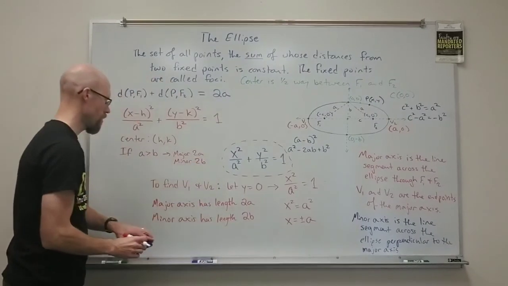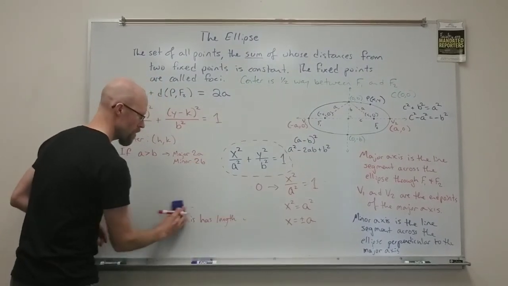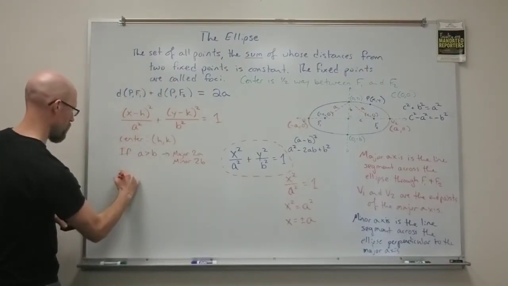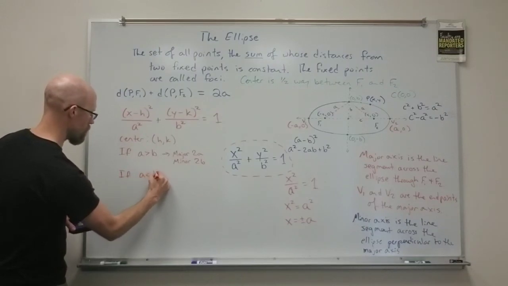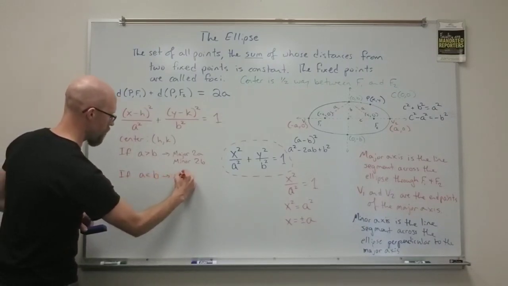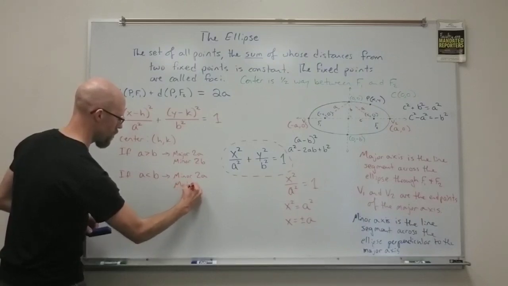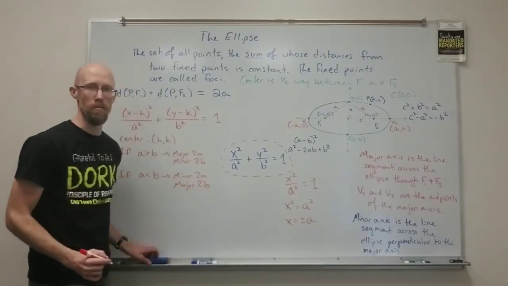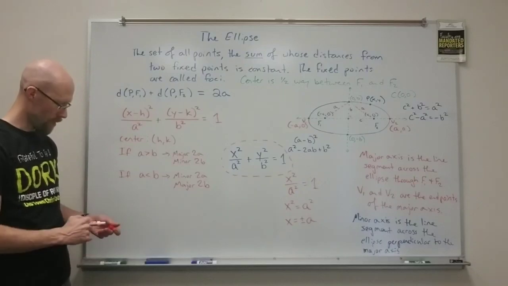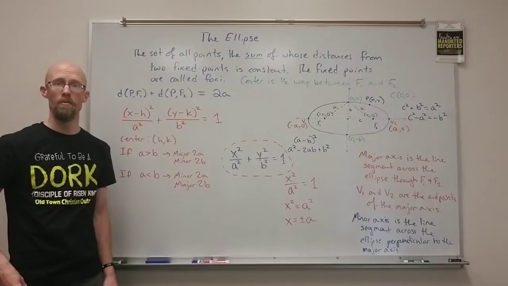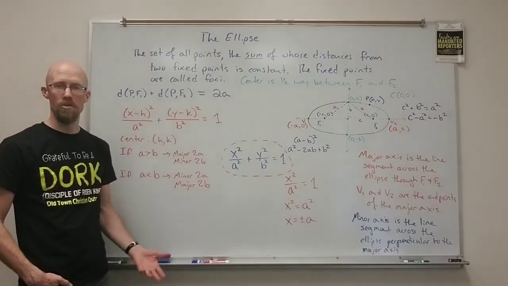If it's the other way around, and so if a is less than b, then you have the minor axis as 2a and the major as 2b. That should give you most of the information then regarding the derivation of the formula. Next we'll do some examples.